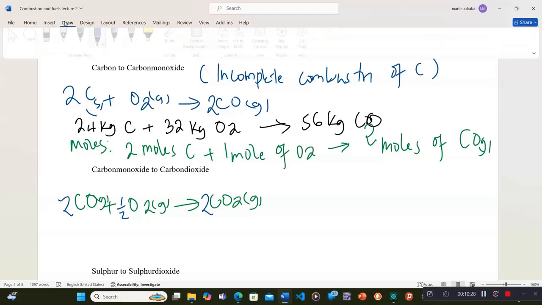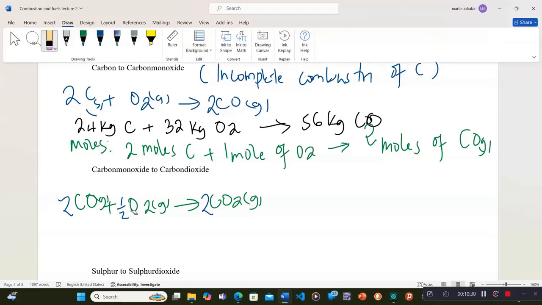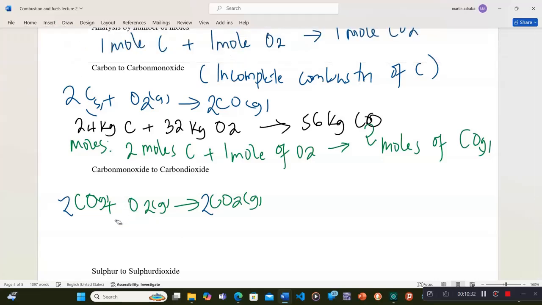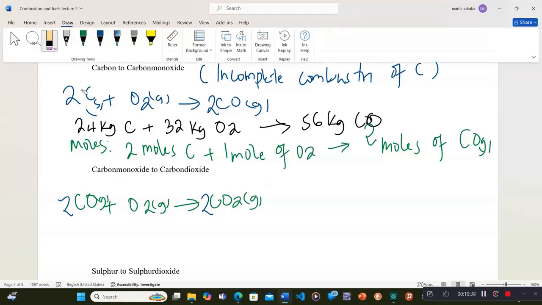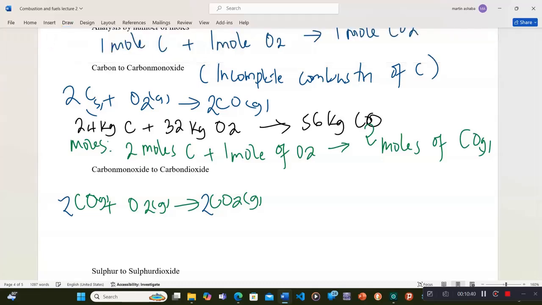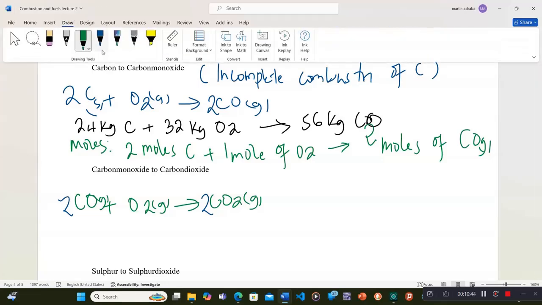So this is balanced. Oxygen 2 becomes 4, carbon 2, carbon 2. So this is now balanced. So now this was the reaction.